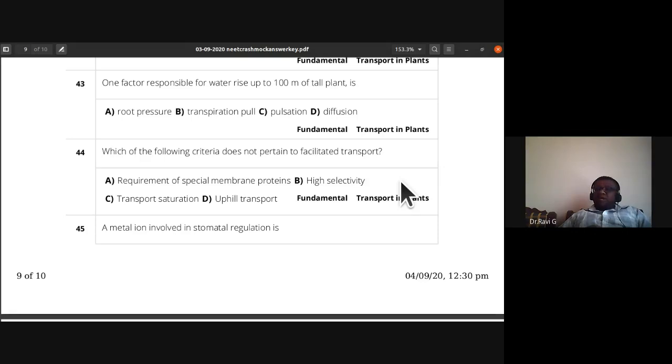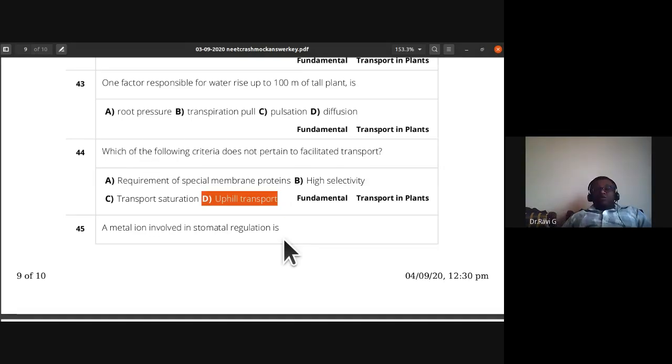Highly selective, that is also a correct criterion. Transport saturation can also be reached when all the protein channels in the cell membrane undergo facilitated diffusion, they undergo saturation, that is also right. Uphill transport you find only in active transport, not in facilitated transport or facilitated diffusion.